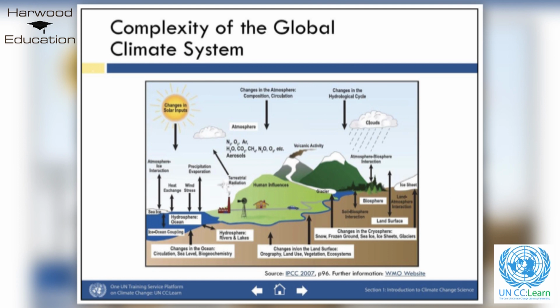Further information. The atmosphere is the envelope of gas surrounding the Earth. The hydrosphere is the part of the climate system containing liquid water at the Earth's surface and underground, for example, oceans, rivers, lakes. The cryosphere contains water in its frozen state, for example, glaciers, snow, ice.